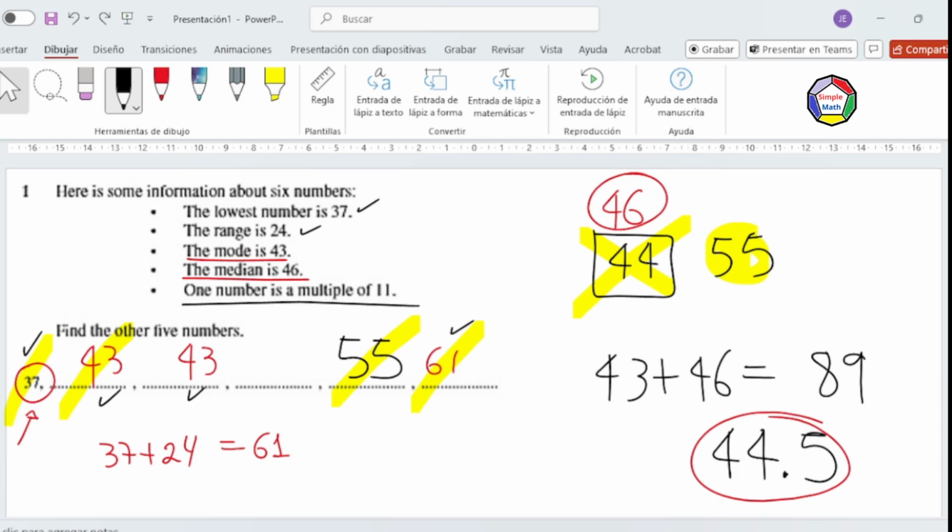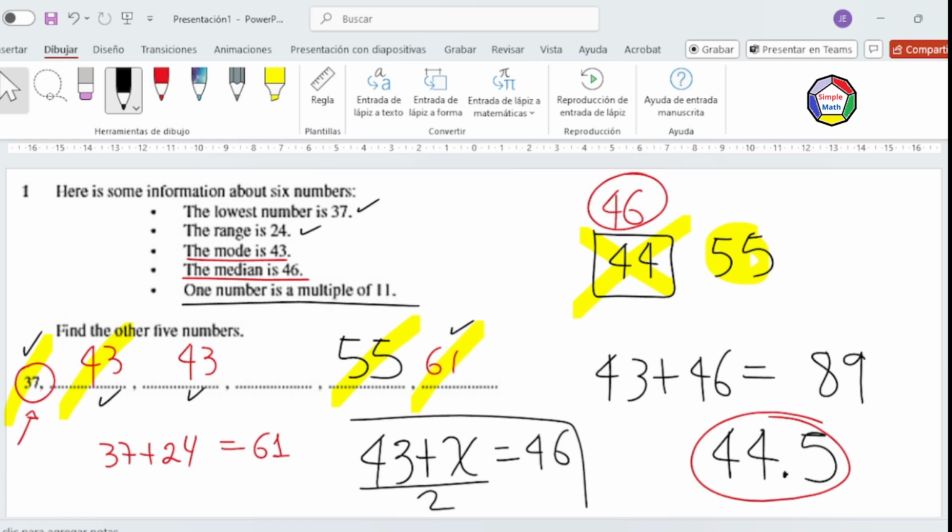So 43 plus a number that I don't know, and then divided by 2 must be equal to the thing I need. In this case, the answer must be 46. Yes, and this is an equation.